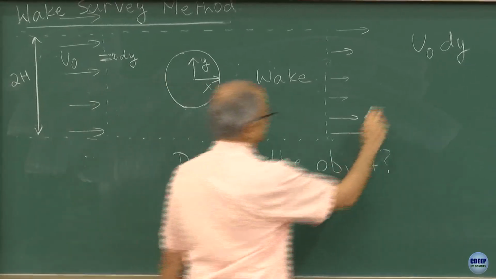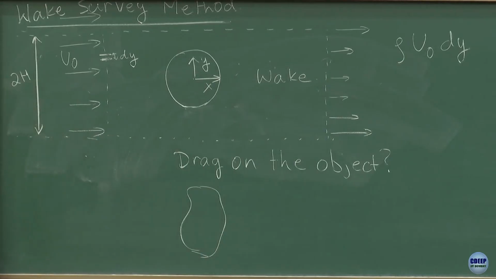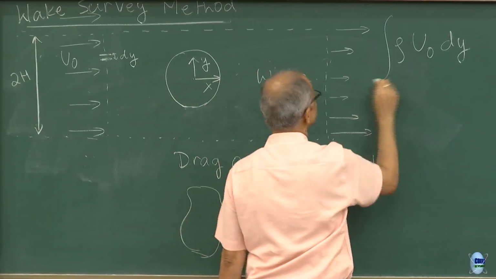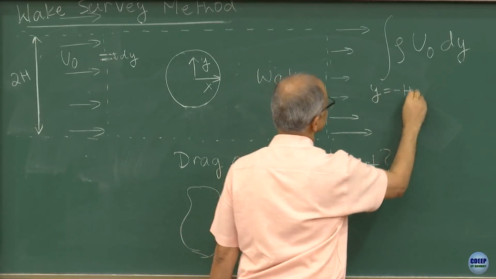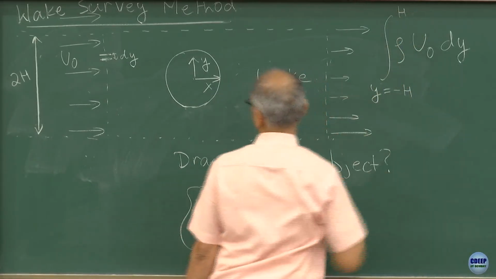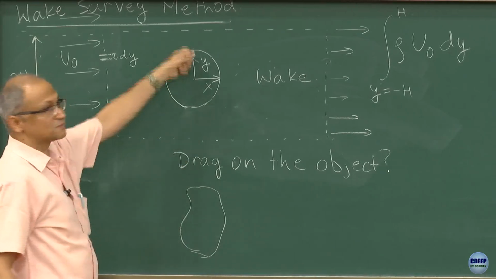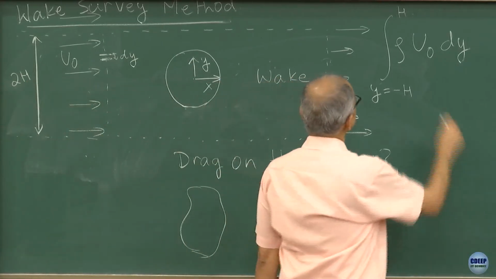If I now multiply it by rho, density, then it will become the mass which is entering, right. And then I have to integrate this from y is equal to minus h to plus h, okay. So, y is going from minus h to plus h.